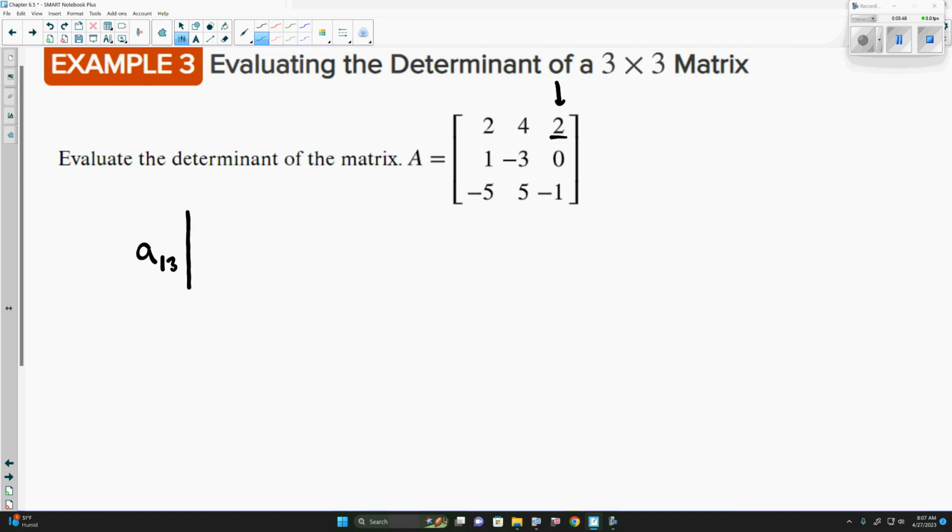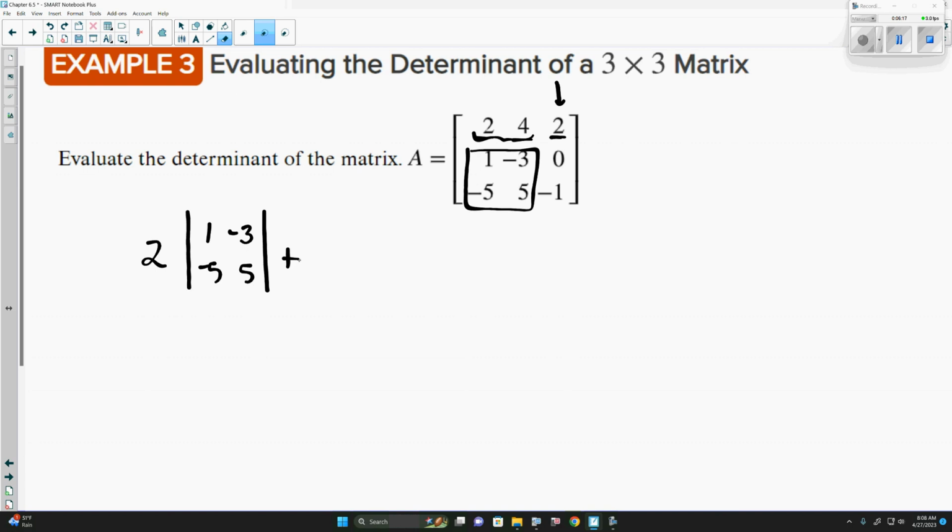Since we picked this one here, we can't use either one of these here. I think it might be easier just to use the numbers than to use the element's name. So 2 is our first one. Now we're not using 2 or 4, either of the numbers in the first row. We're going to use this here. So we would have 1, negative 3, negative 5, 5.